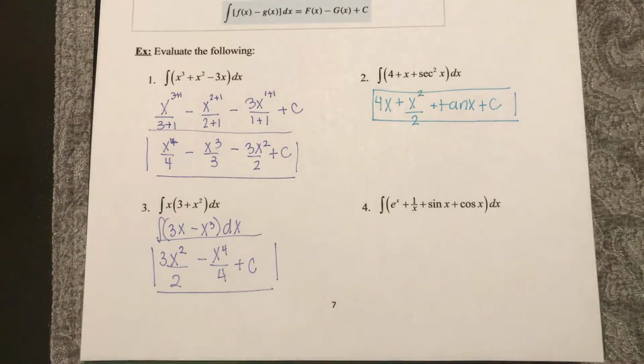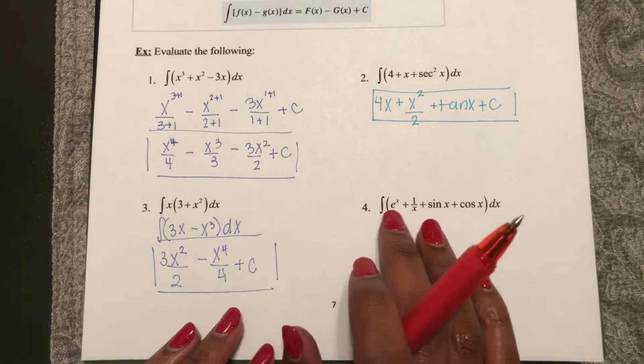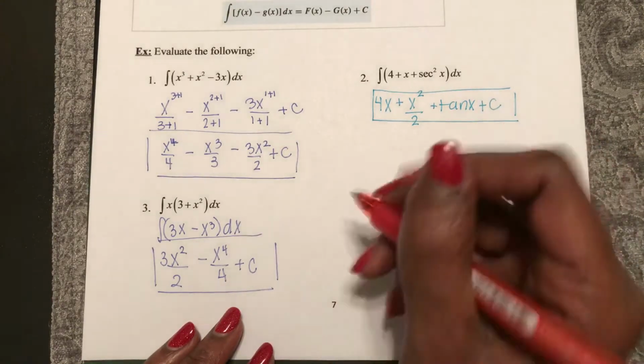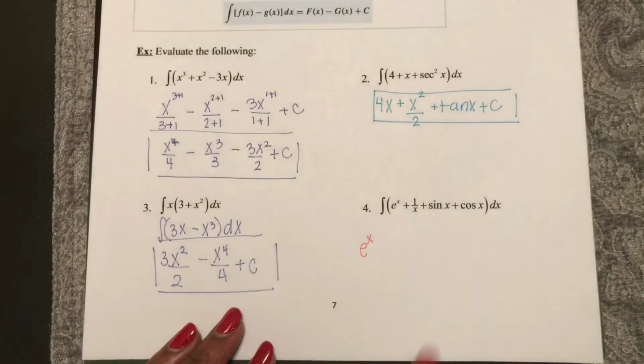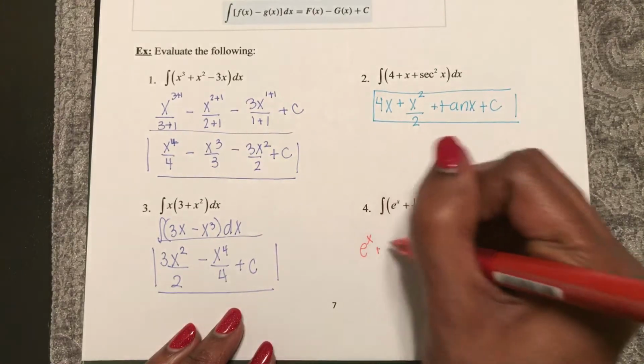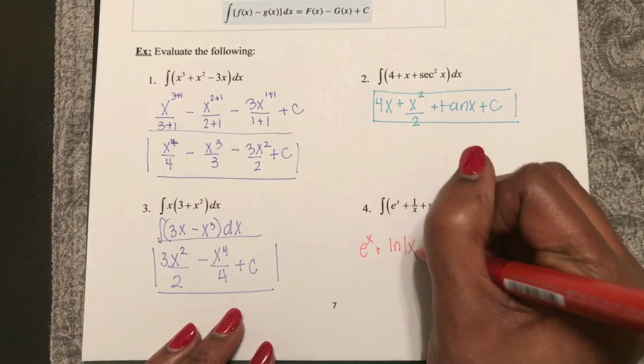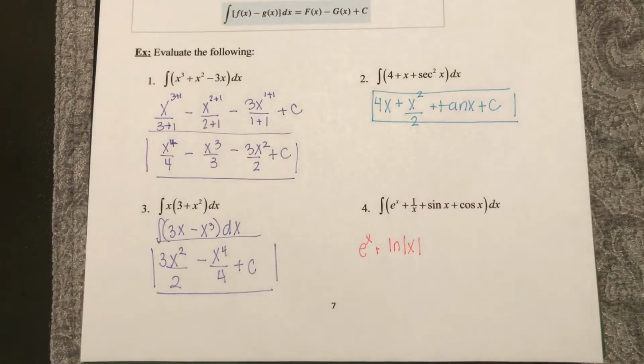Last but not least, here in number 4, I'm finding the antiderivative, the integral of e to the x plus 1 over x plus sine x plus cosine x. So I have a sum of different functions. What are their antiderivatives? The antiderivative of e to the x is e to the x. The antiderivative of 1 over x is ln absolute value x.